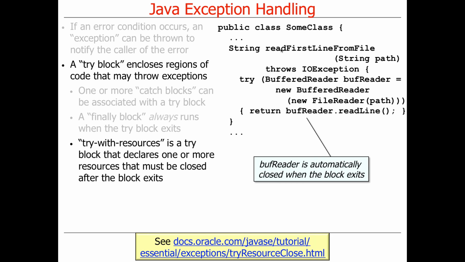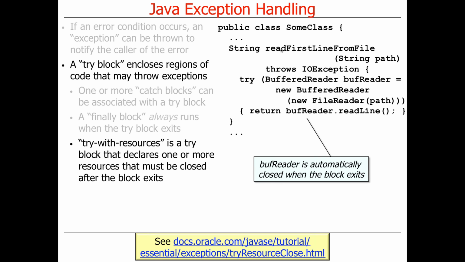The scope of this variable is only inside of the try block. And so inside the body of this, we can then go ahead and read a line from the buffered reader, and that's what gets returned here, a string from that. And then when we hit the end of this try-with-resources block, it automatically calls the close method on this object and cleans it up.